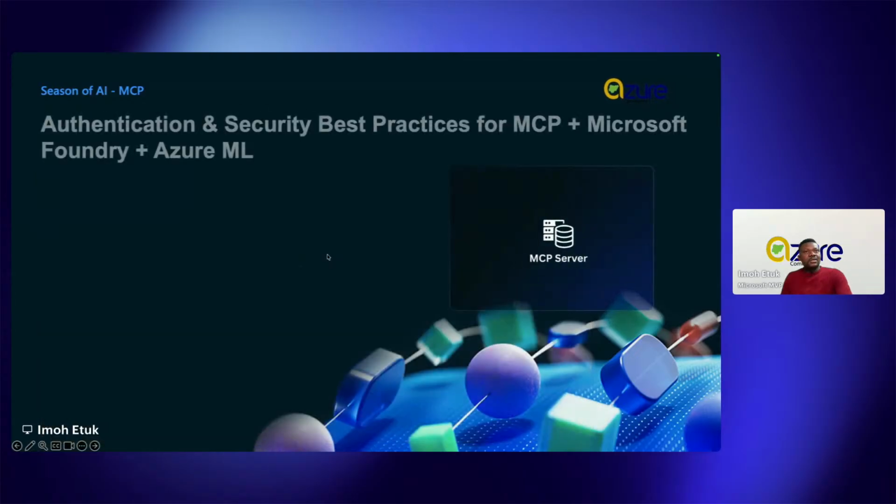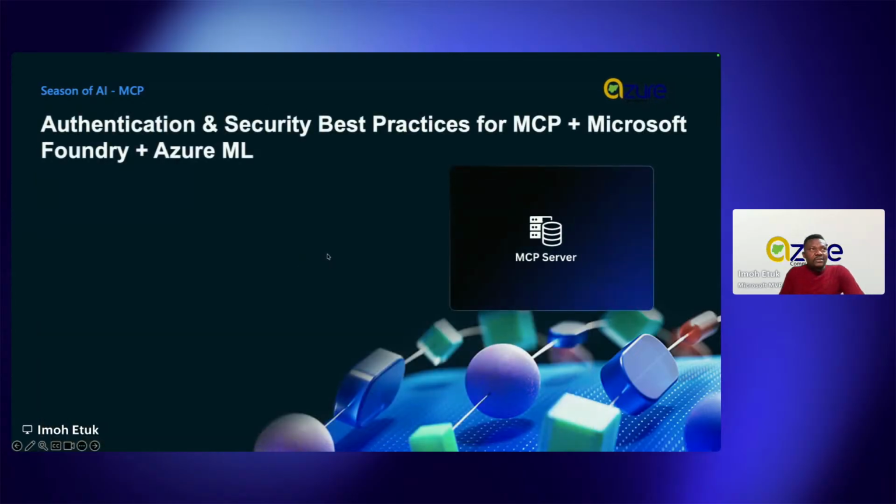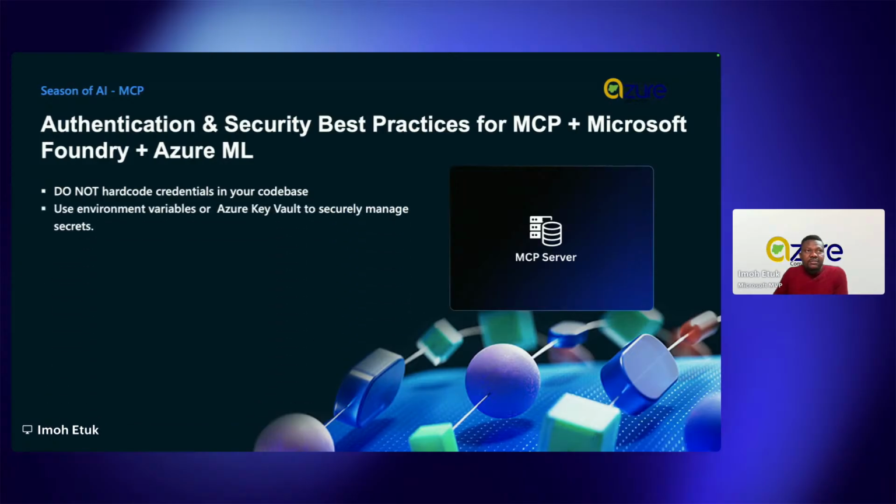So we have the authentication and security best practices. As I mentioned before, these are very critical issues that beginners might make mistakes on, and they shouldn't be taken for granted. Do not hard code your credentials in your code base. You need to be careful about that. Another one is that you need to use environment variables when developing locally.